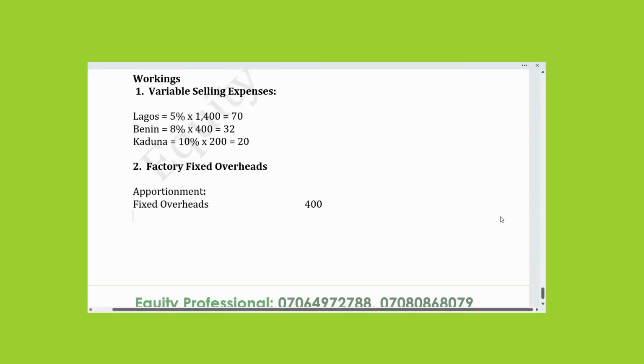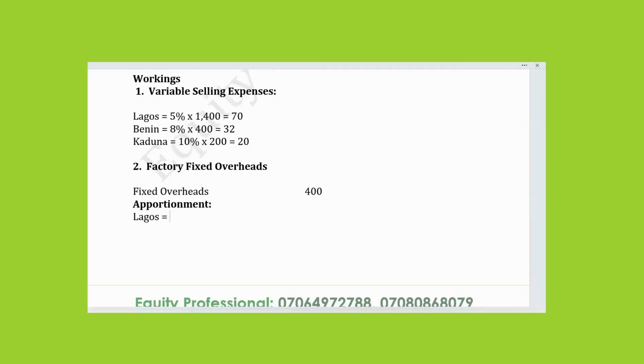Then let me do it this way. So you now want to apportion the fixed overhead among Lagos. What's the share of Lagos?